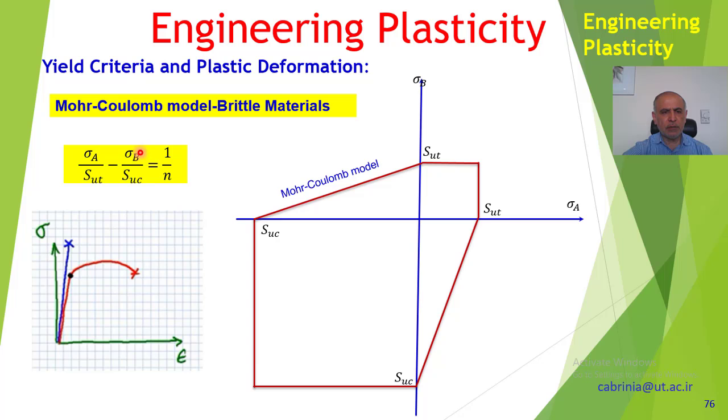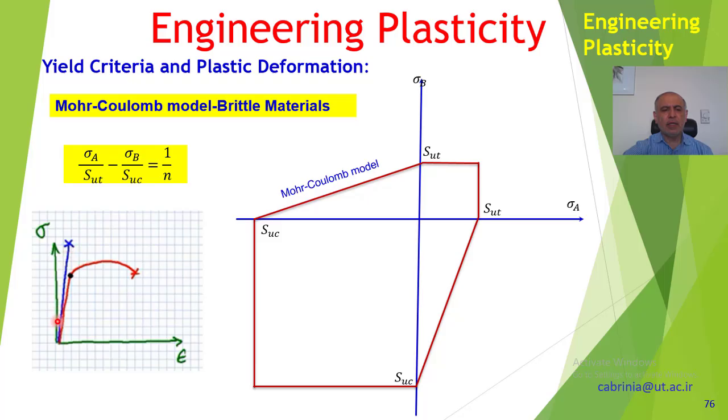So the only difference in the equation is that we substitute SUT and SUC for the yield strengths for brittle materials, because brittle materials don't have any plasticity. In fact, their yield point and the ultimate tensile strength are almost the same.